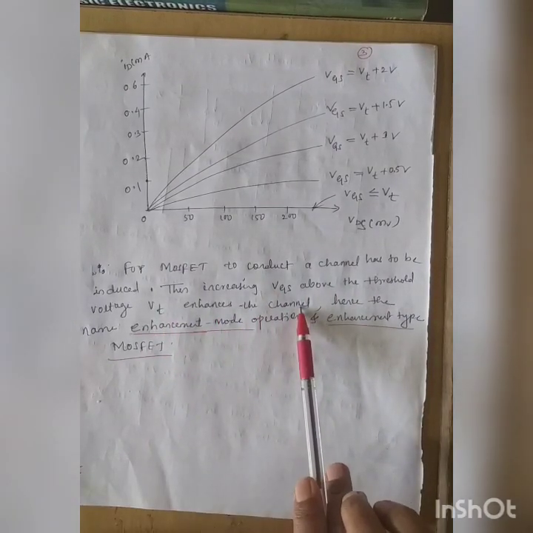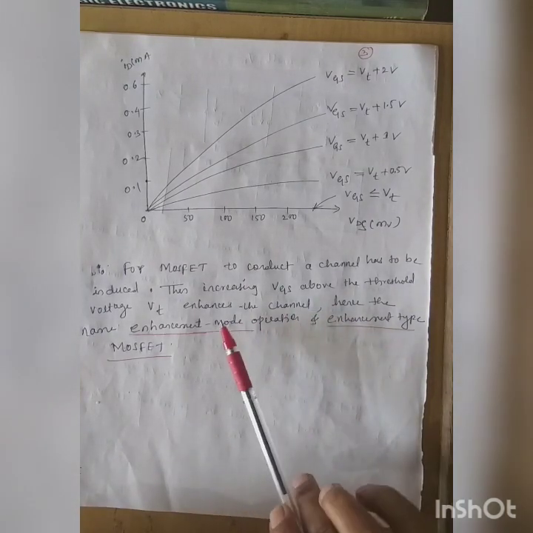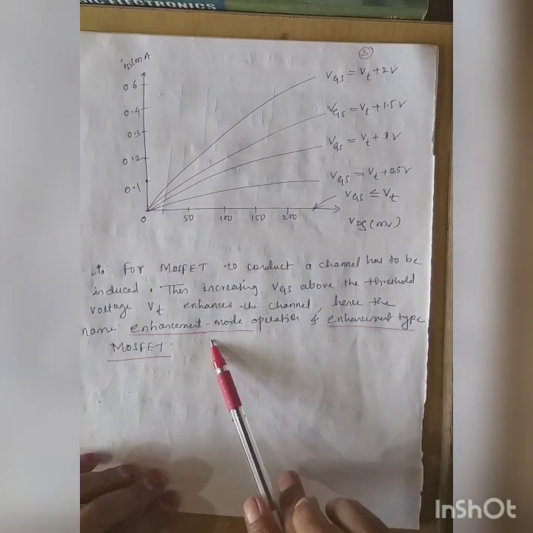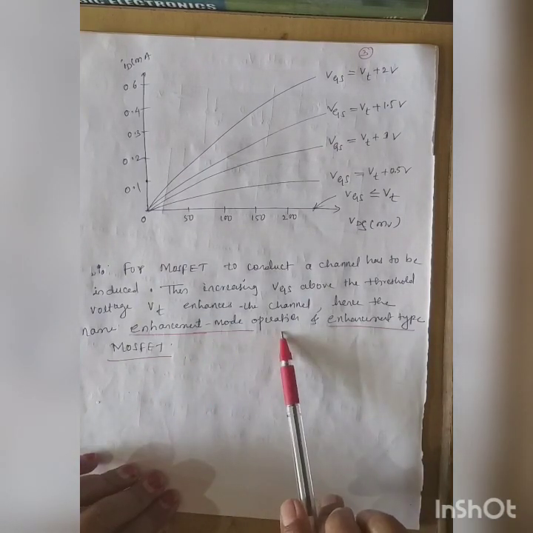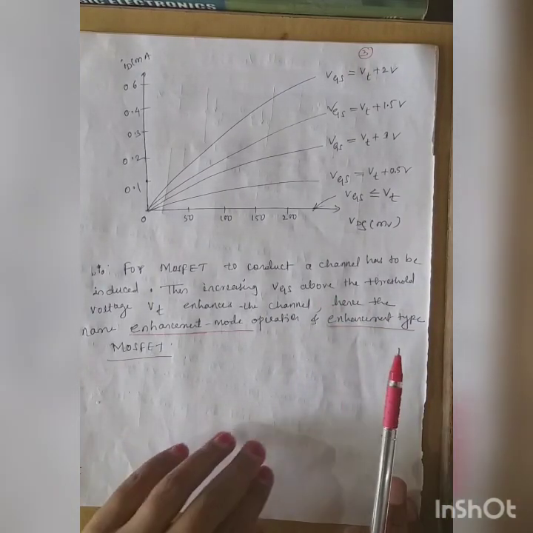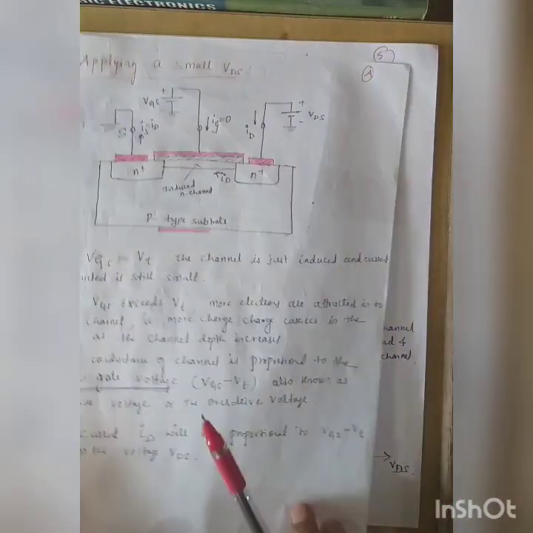As you supply more and more VGS, you are going to increase the width of the channel, or enhance the channel. Hence it is also called enhancement mode operation, or enhancement type of MOSFET. So that is one part. Next we will see.